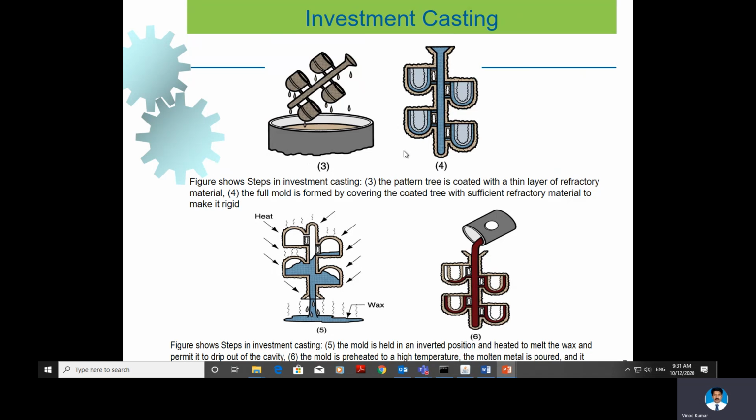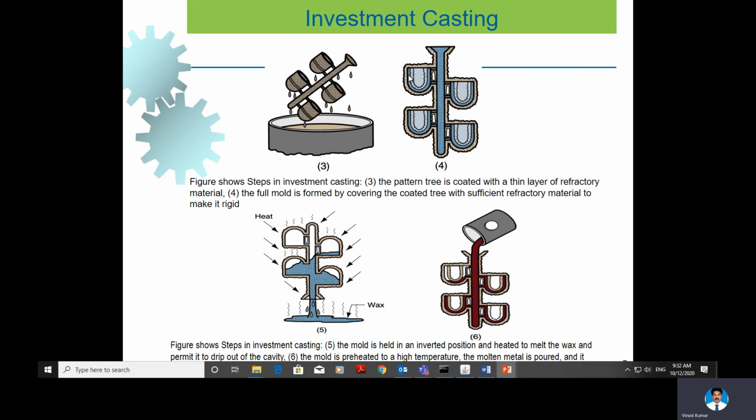And then step 5, the mold is kept in an inverted position and heated to melt the wax and permit it to drip out of the cavity. You can see here, we keep it upside down, then heat it.